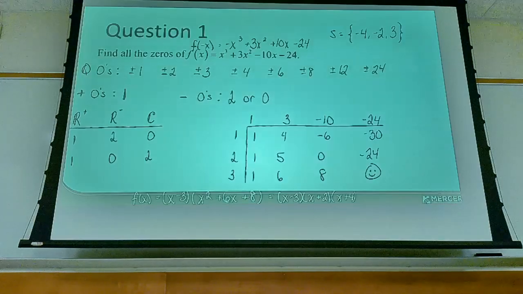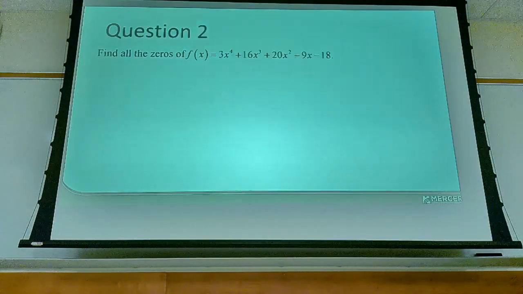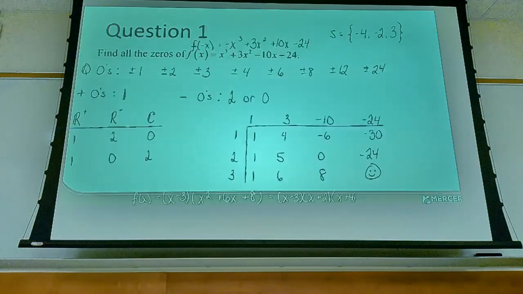Realistically, if you didn't understand how to do the whole plus zeros, minus zeros thing, you could just check all the factors. That just makes it easier. I don't understand the whole plus zeros and minus zeros thing. I don't get that.